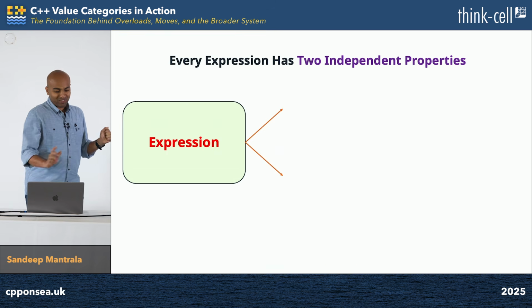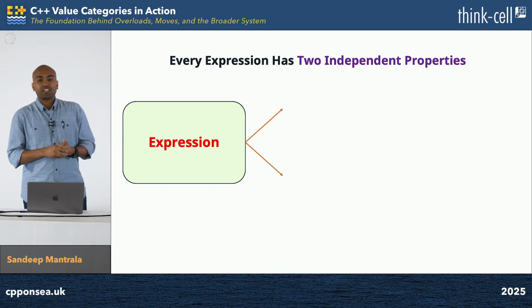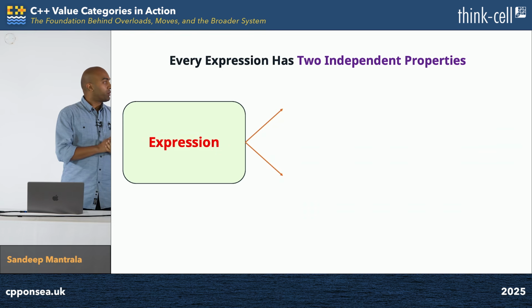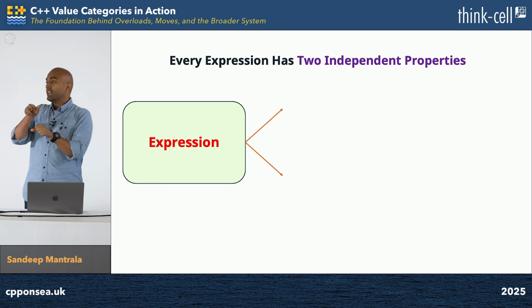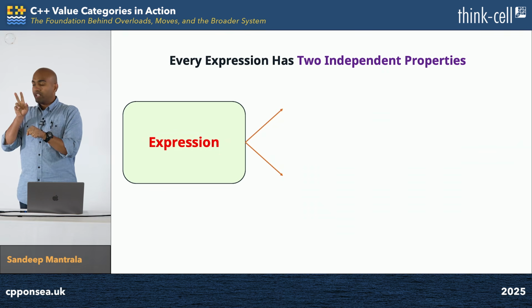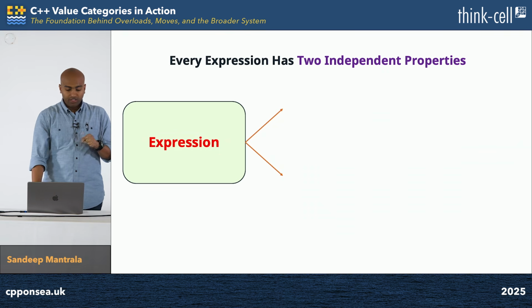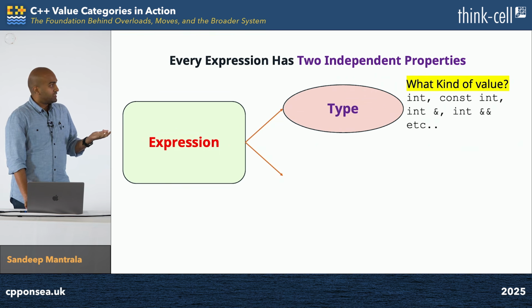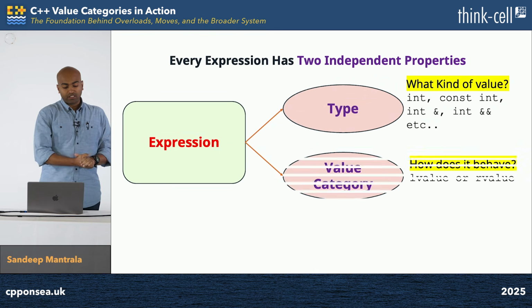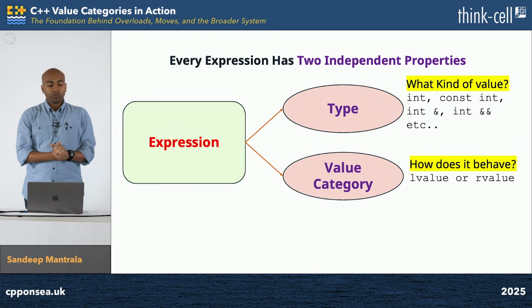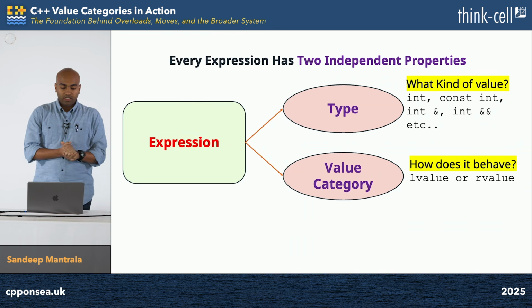So, expressions have two independent properties. Like I said, whenever the compiler finds an expression, it keeps track of two independent properties. The first is type, and the second is value category. What is a type?